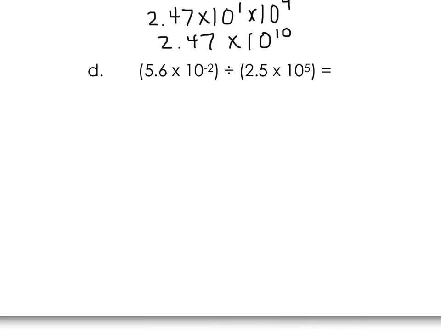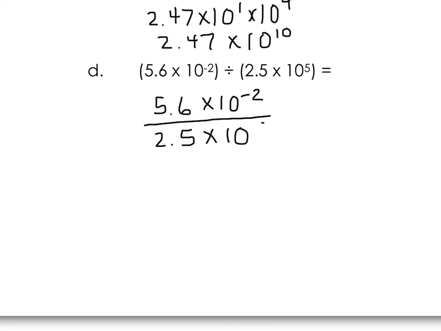What about division? I prefer to write problems like this as a fraction. 5.6 times 10 to the negative 2 divided by 2.5 times 10 to the 5th. So, in the order of operations, multiplication and division are on equal footing.